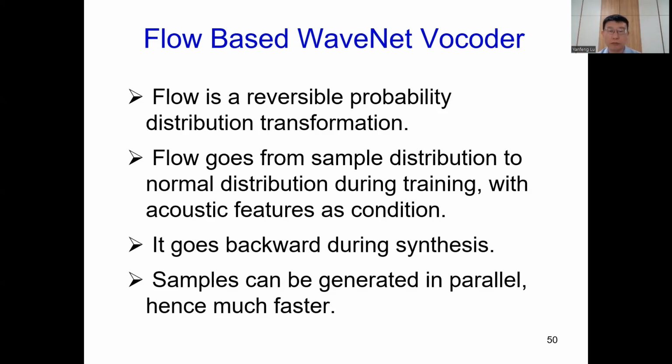This is the key idea of realizing parallelism. For each sample, we can generate them in parallel. We just go from a normal distribution and use the flow to compute the sample distribution. That's why a flow-based WaveNet vocoder is much faster than the original WaveNet vocoder, because it has this parallelism.